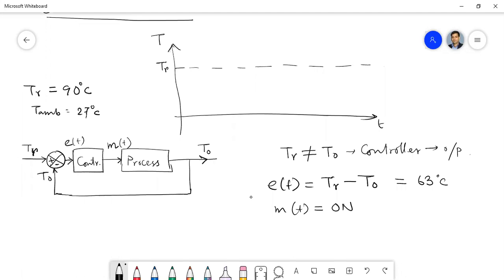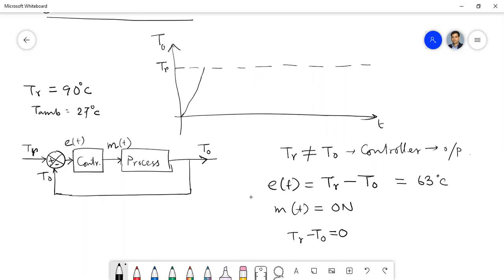If the controller is on, that means the process is getting the voltage supply, so the temperature will increase. So let me draw this T output. So that means the temperature of the process is rising. Now when it becomes equal to TR, when this TR minus T0 becomes 0, that means when the first time T0 is equal to TR, what will be the error?